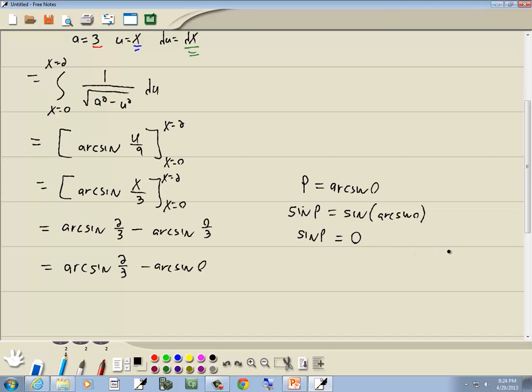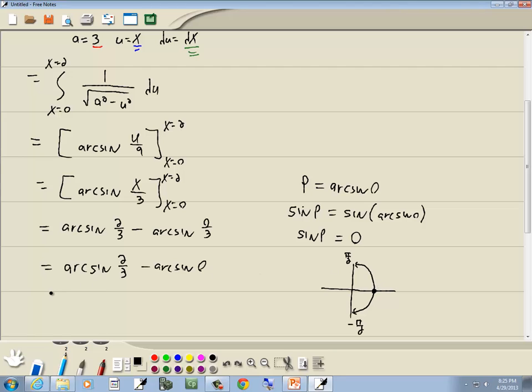Now if you think about where arcsine is valid, that's valid from negative pi over 2 to positive pi over 2. And if I think where sine is equal to 0, well, sine is equal to 0 here at 0.